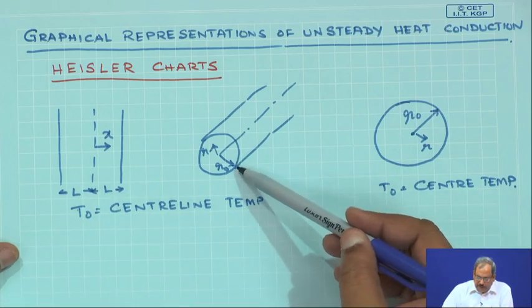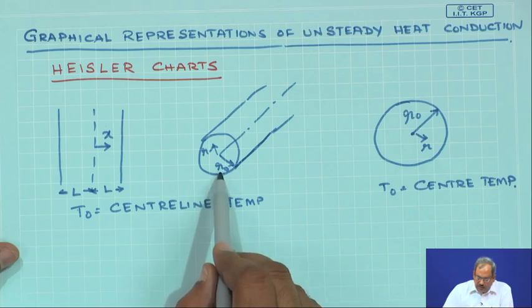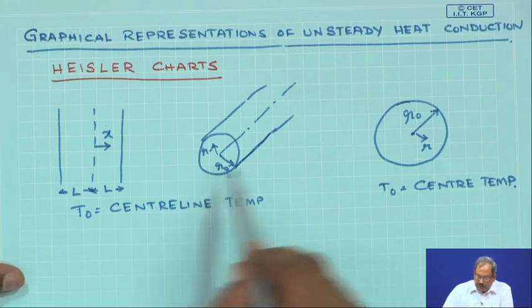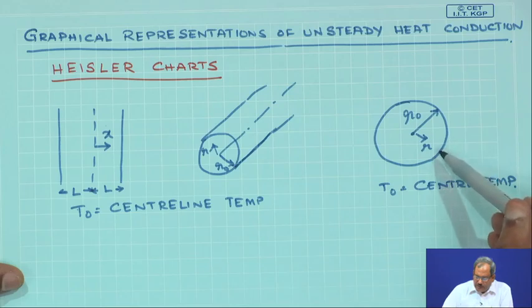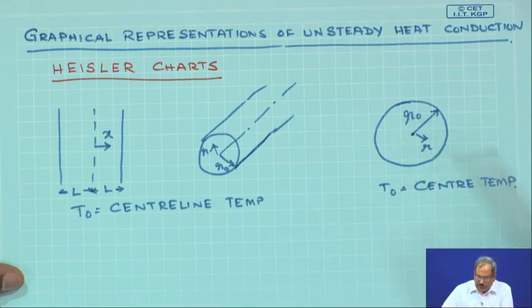It is also there for radial systems where R 0 is the radius of the cylinder, and it is also there for a spherical system where R 0 is the radius of the sphere. In all cases, T 0 is the centerline temperature.